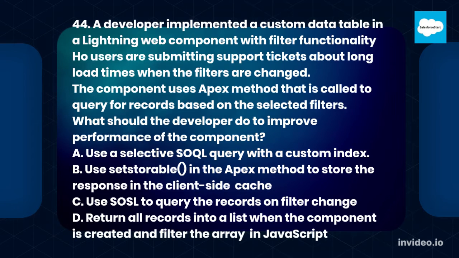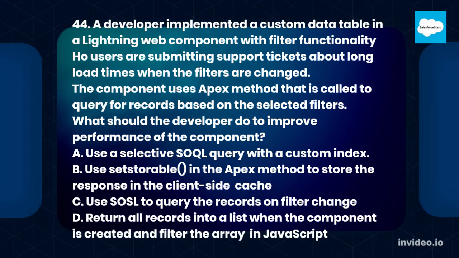44. A developer implemented a custom data table in a Lightning Web component with filter functionality. Now users are submitting support tickets about long load times when the filters are changed. The component uses an Apex method that is called to query for records based on the selected filters. What should the developer do to improve performance of the component? A. Use a selective SOQL query with a custom index.